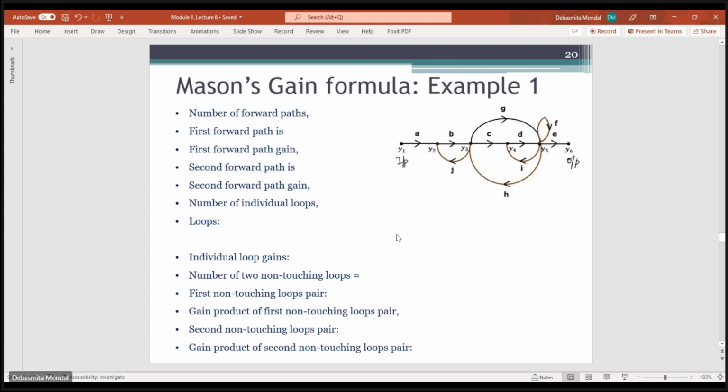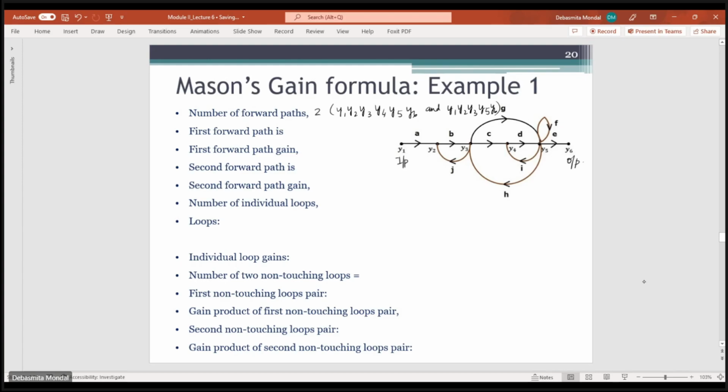Right? So there are 2 forward paths. One is y1, y2, y3, y4, y5, y6, and the other one is y1, y2, y3, y5 and y6. Am I right?